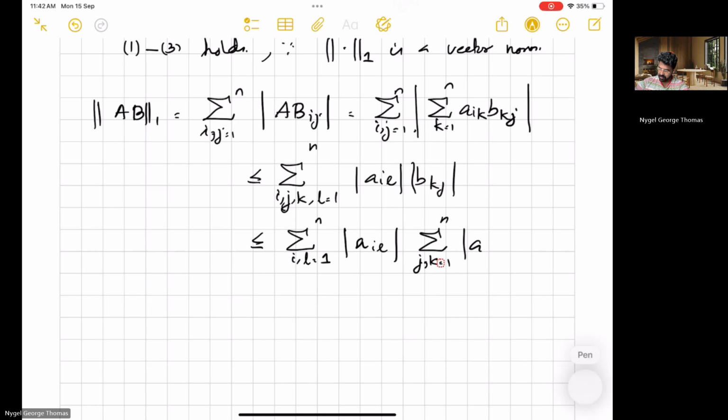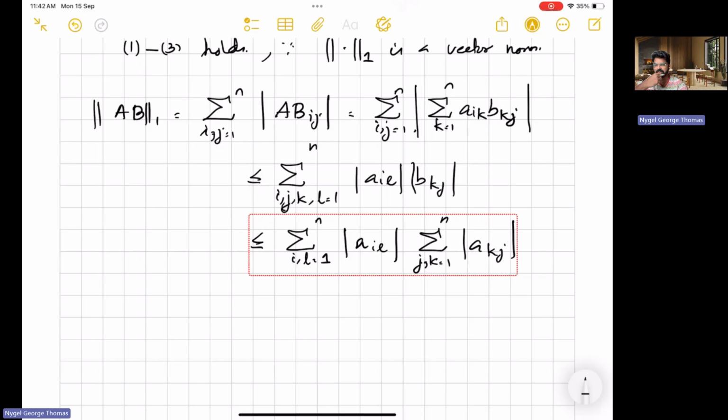Even if we take the transpose of it, which is jk, it doesn't matter, since we're just taking the modulus and adding them together.